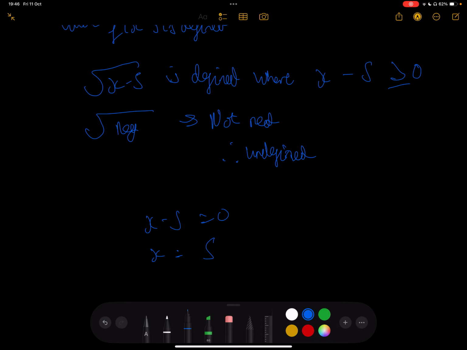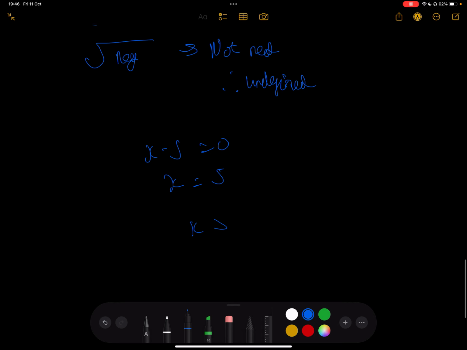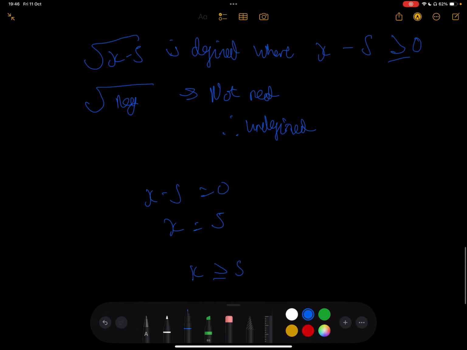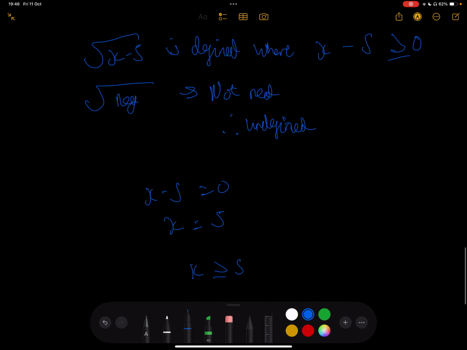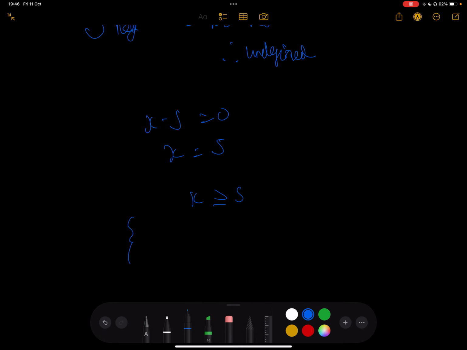So x has to be greater than, sorry, I meant greater than or equal to 5, because otherwise x minus 5 will result in a negative number, which will then be square rooted, and as we know, this will lead to an imaginary number, which will mean that the function is undefined. So x has to stay in this area. How would we write this? We'd write this as x is greater than or equal to 5.